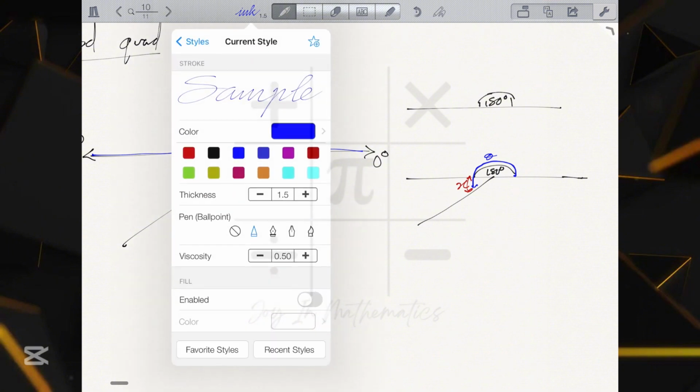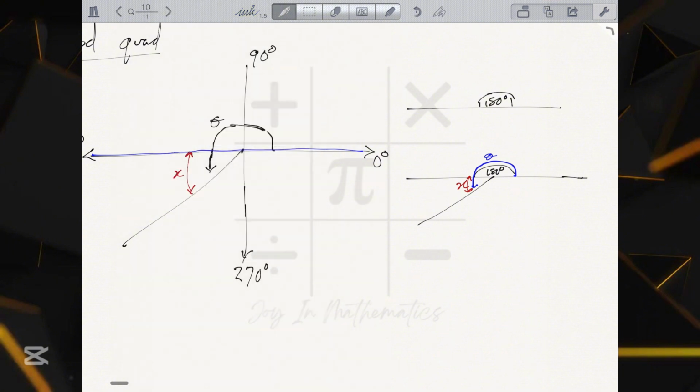So in that case, we can find an expression for x: x plus 180 degrees is equal to theta. Therefore, x will be equal to theta minus 180 degrees. So we now have an expression for x, that x is theta minus 180 degrees.